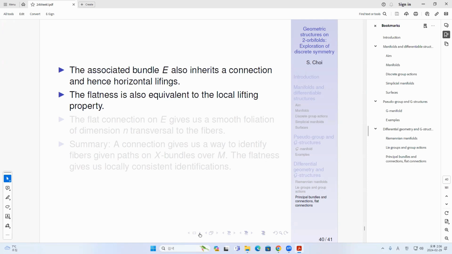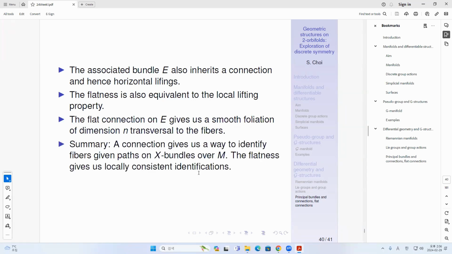So a flat connection will give you a smooth foliation of dimension n transversal to the fiber, where n is the dimension of the manifold. The summary is that a connection gives you a way to identify fibers given paths over M in a bundle with fiber X, and flatness gives us a locally consistent identification. Here F is X.